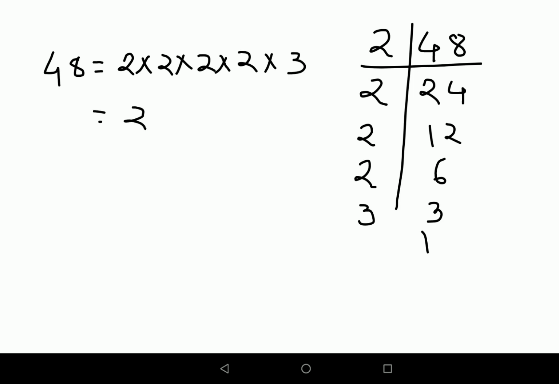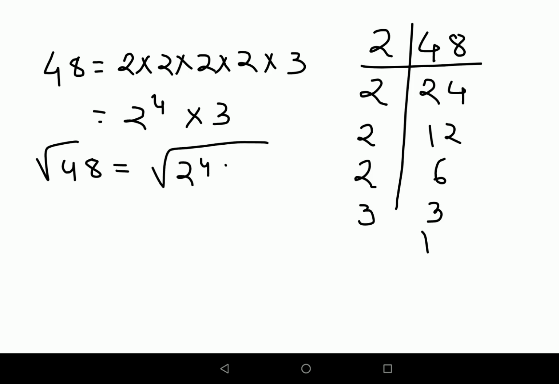This is nothing but 2 raised to 4 into 3. Now square root of 48 can be written as square root of 2 raised to 4 into 3. So you can take 2 raised to 4 outside and it becomes 2 raised to 2 into root 3. That gets you 4 root 3.